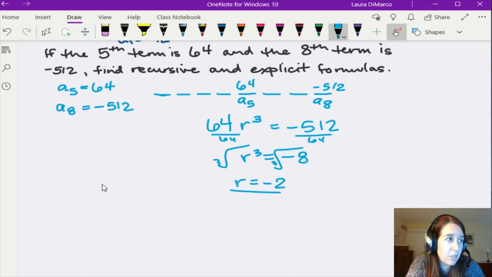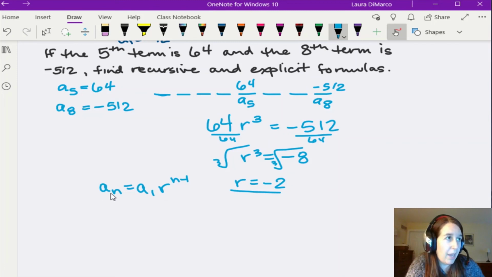So my explicit formula is a sub n is equal to a sub 1 times r to the n minus 1 power, right? And I think I did this in the arithmetic sequences too. If you have higher terms, you may not want to find the first term from scratch. So you can use the formula.